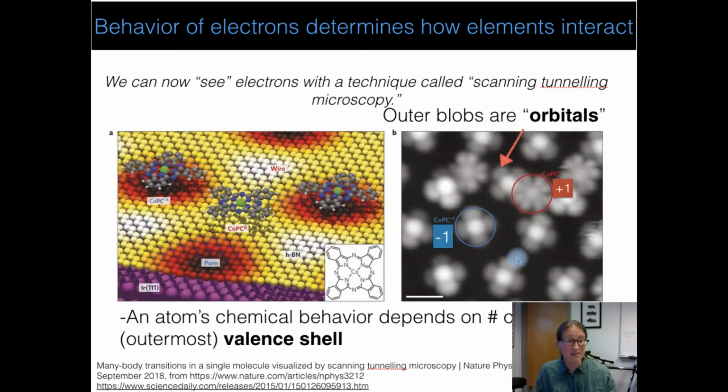And the really amazing thing that you can see in this image is changes to the valence or outermost shell of these molecules depending on whether the molecule has a -1 charge, as shown here, so one more electron than the number of protons, or a +1 charge, as shown up here, so one fewer electron than the number of protons. Anyway, I just think that this is a really amazing image.